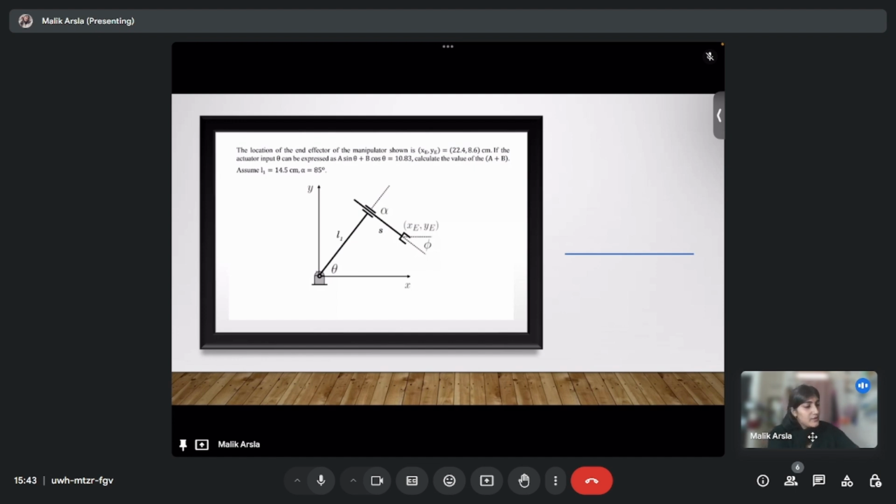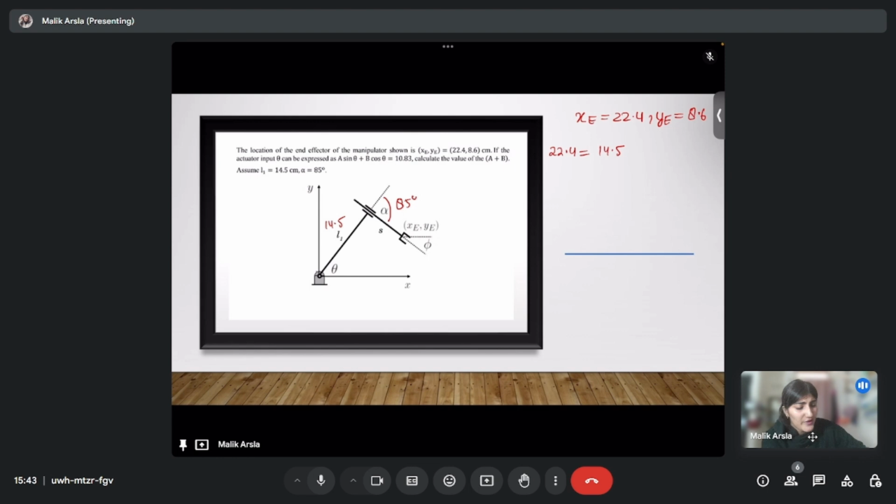So let me write the base equations for you. XE is given as 22.4 and YE is given as 8.6. So we can write 22.4 is equal to 14.5, which is basically this length, 14.5. This here is 85.